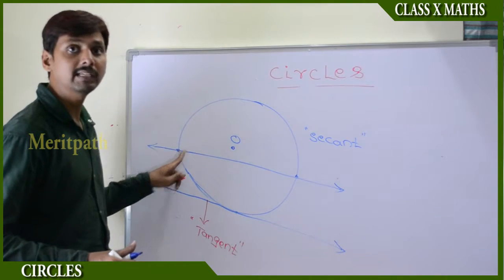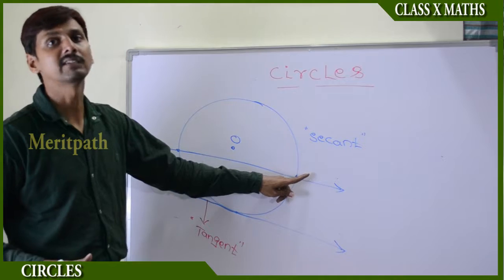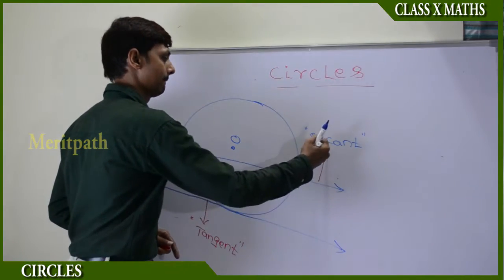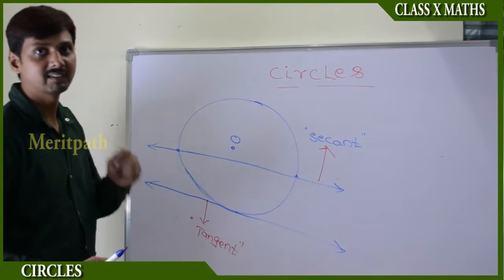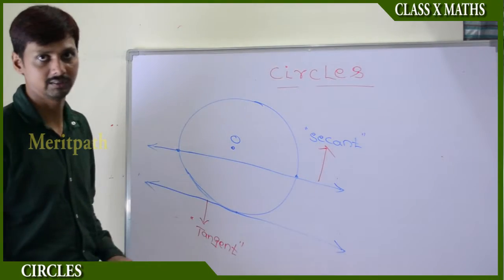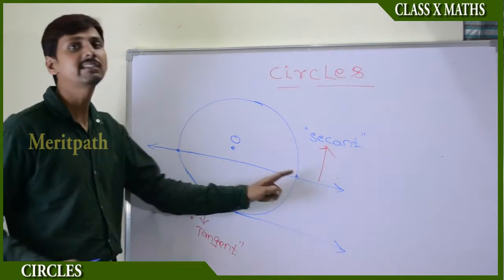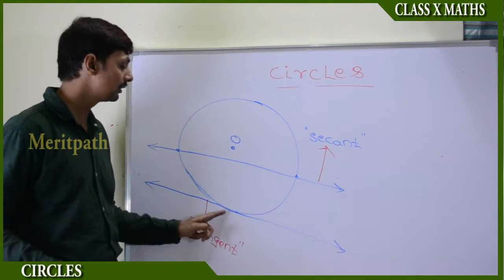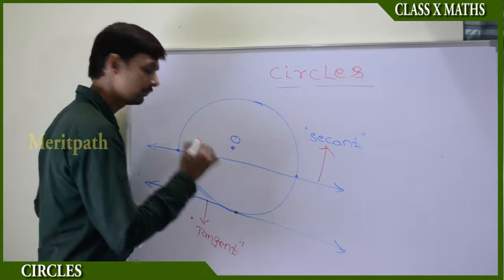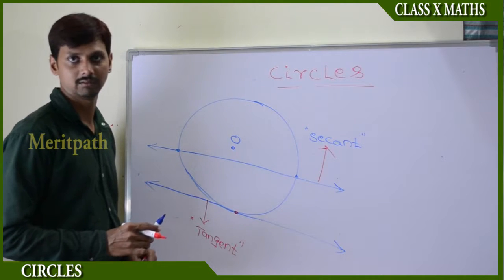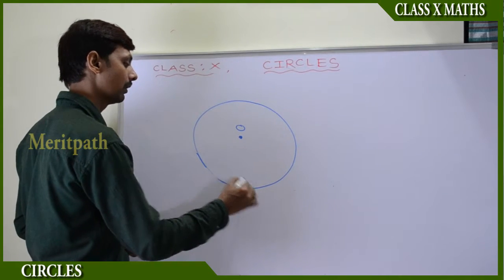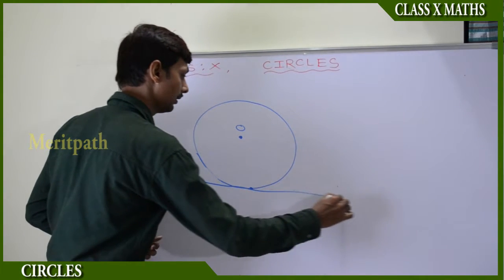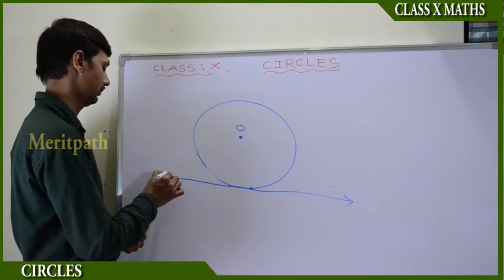If it is intersecting at 2 points, it's called a secant of the circle. There's a difference between secant and tangent. A secant is intersecting the circle at 2 points, but a tangent is touching the circle at 1 point. When we take any point of the circle and through it we draw a line, it's called a tangent to a circle.